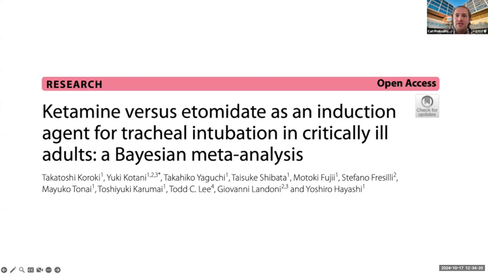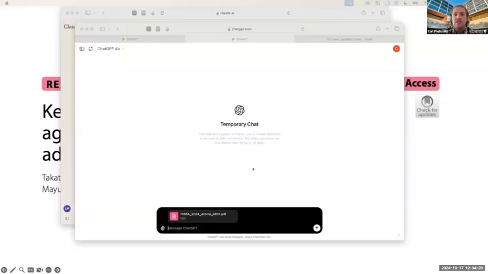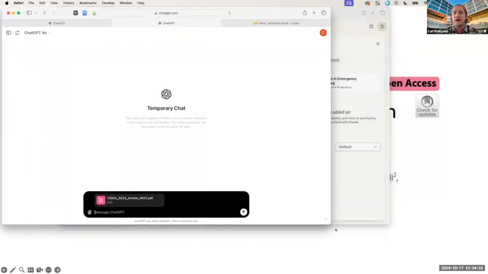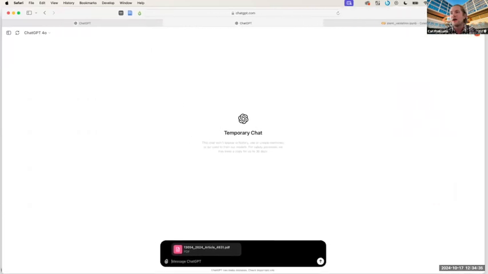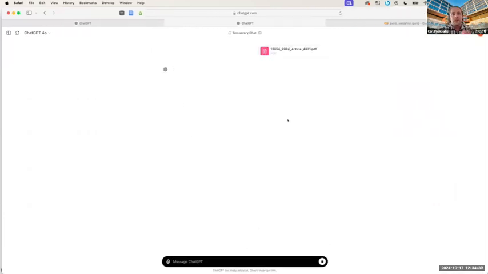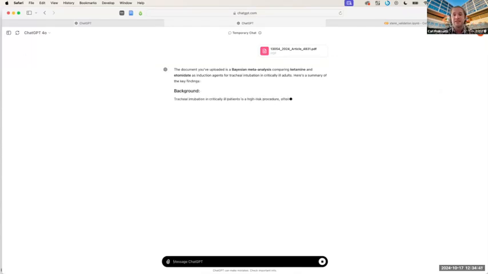I'm just going to share a couple of different screens here. I'll share my second monitor so we can do this. So if we actually put this into ChatGPT and ask about the article, it's going to read the document and talk about this and go through giving us a little bit of a summary.